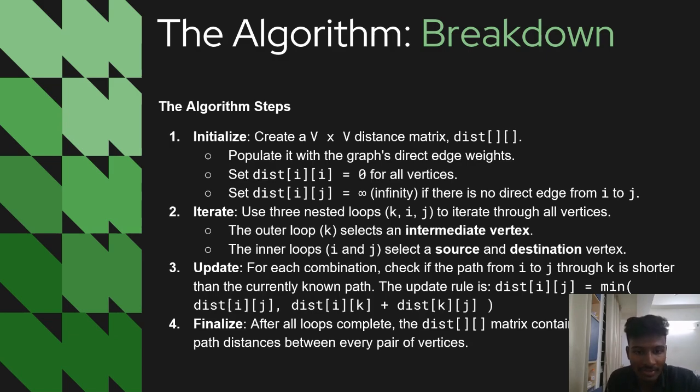The third one is updating. This is the core logic of this algorithm. We simply compare: is the path going through that intermediate point shorter than the current known path? If it is, then we update the matrix with the new shorter distance. Finally, once the loops all finish, the matrix is complete, giving us the shortest path between every single pair of vertices.